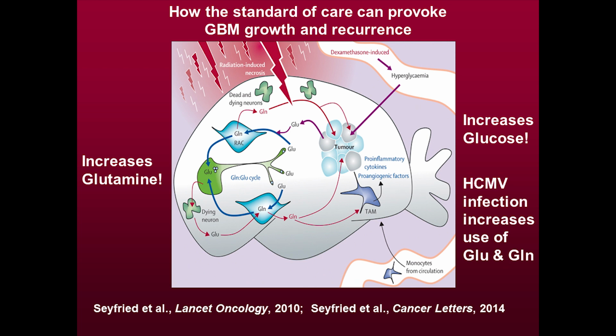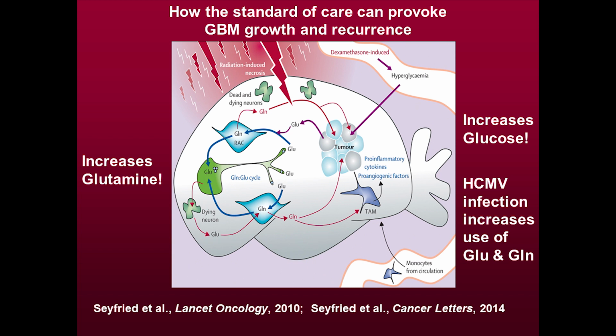The head begins to swell. We have edema. How do we stop edema? We throw in massive doses of steroids, dexamethasone, which elevates blood sugar. Blood sugar, the other component for driving the beast. So the standard of care is creating an environment to facilitate that tumor's recurrence.